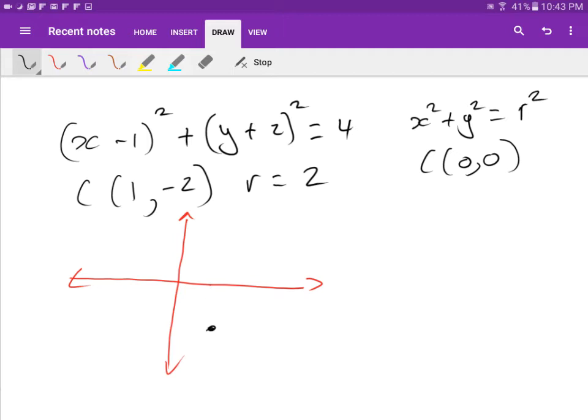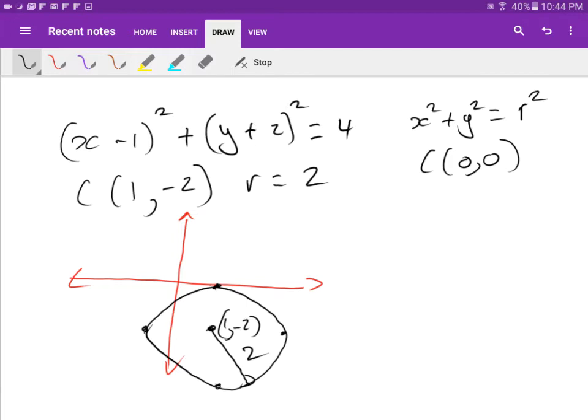So the center is 1, negative 2 and the radius is 2, so we go 2 here, roughly here and here. To sketch it just like that. Sorry, I just can't draw a circle here. So the radius is 2.